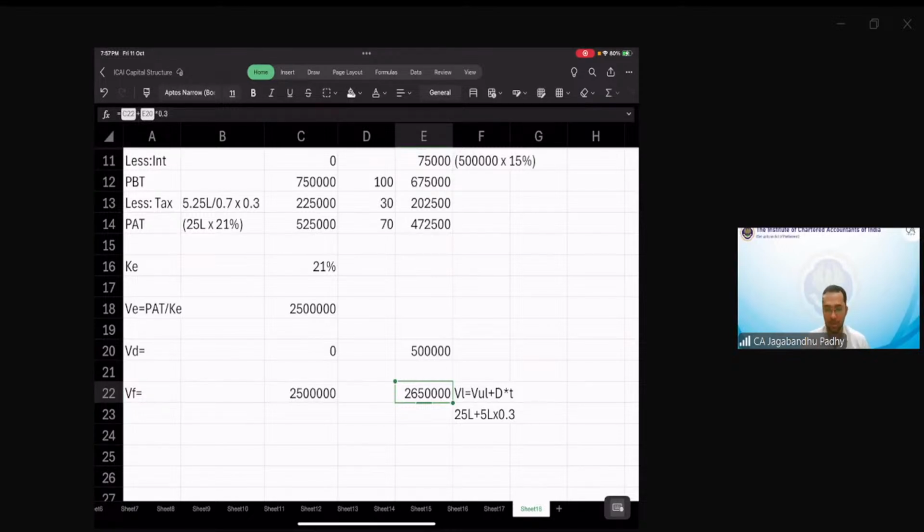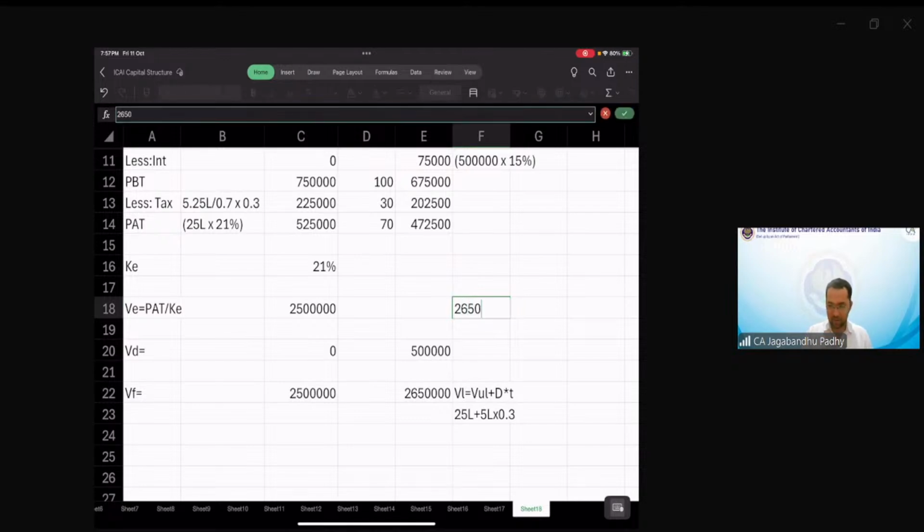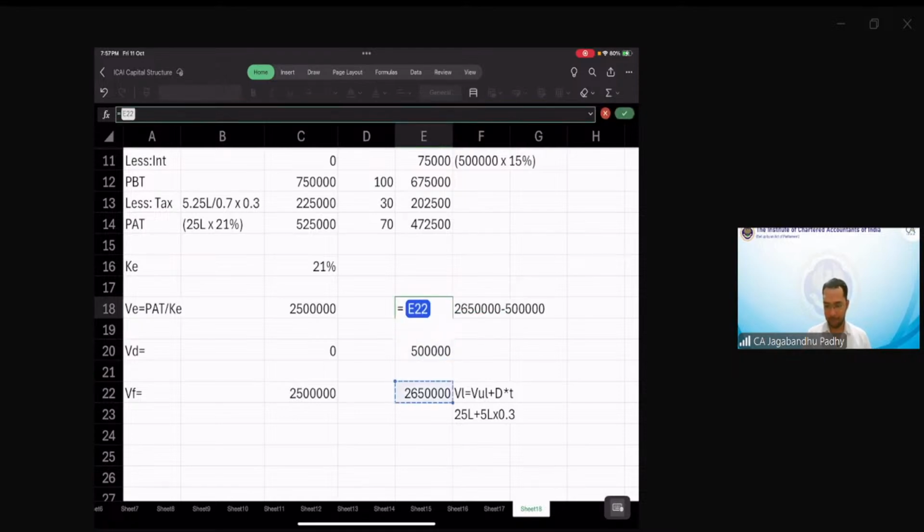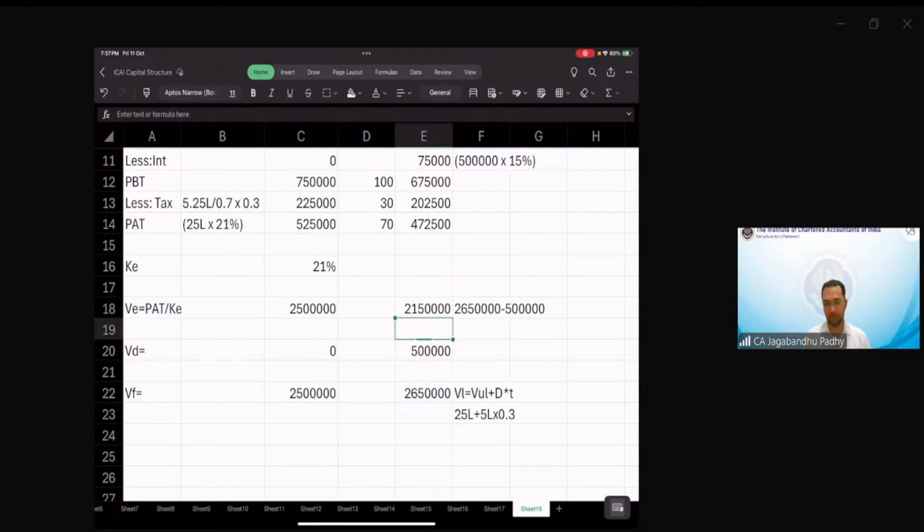When we do the reverse calculation, since the value of the overall firm is 26 lakh 50,000, value of debt is 5 lakh. Now the value of equity will be 26 lakh 50,000 minus 5 lakh. This is 21 lakh 50,000.